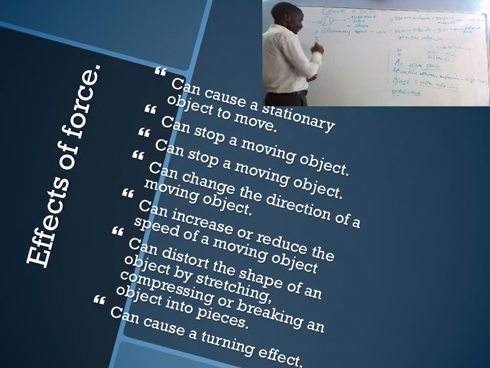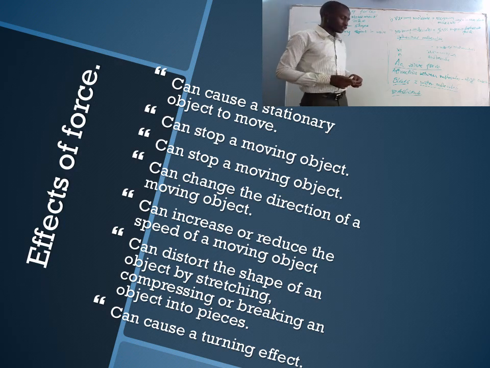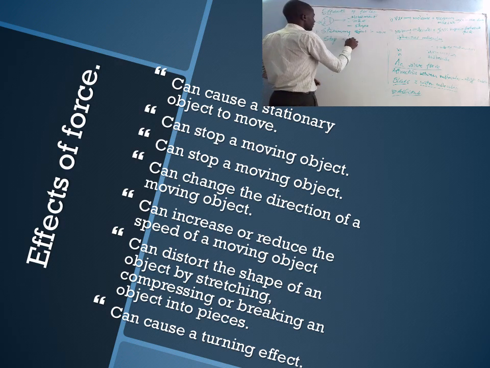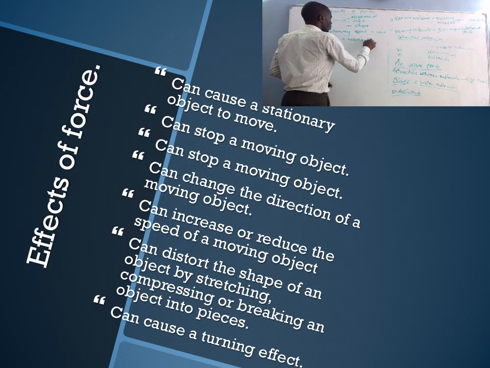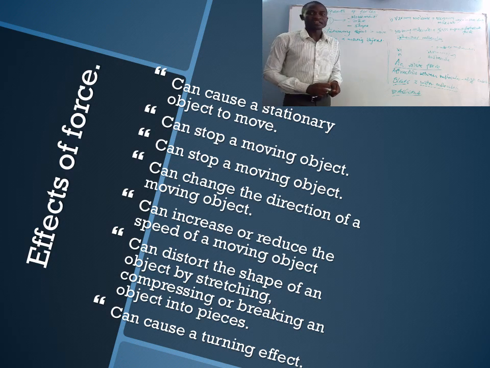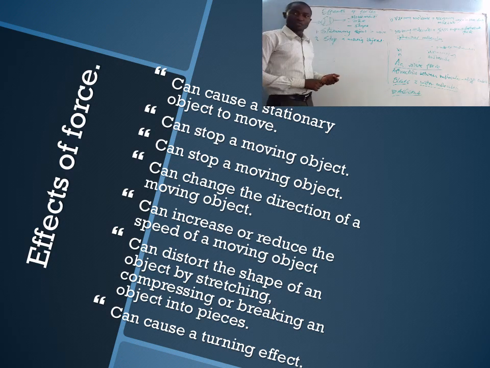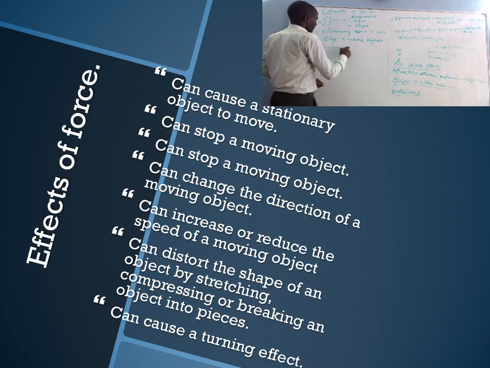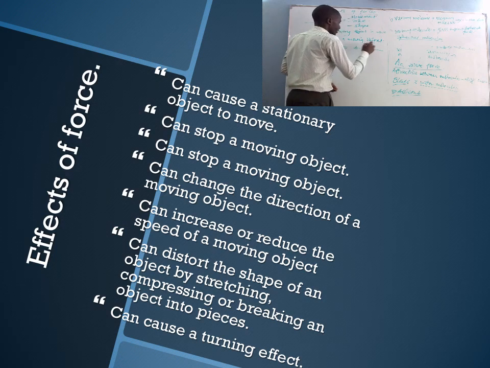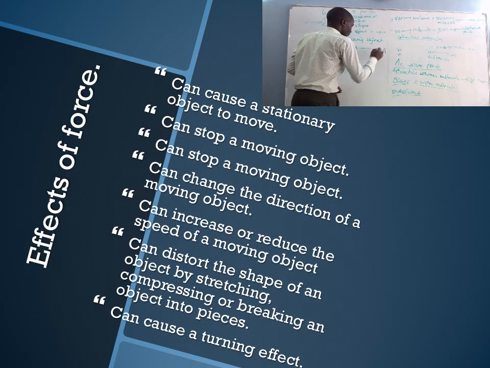Then the second effect of a force is that it can cause a moving object to stop. For instance, if two vehicles moving in opposite directions collide, the first vehicle has a force F1, the second vehicle has a force F2.